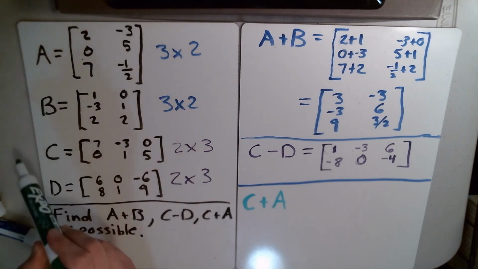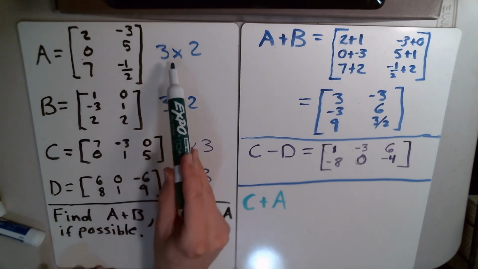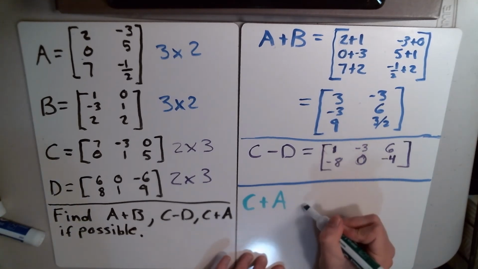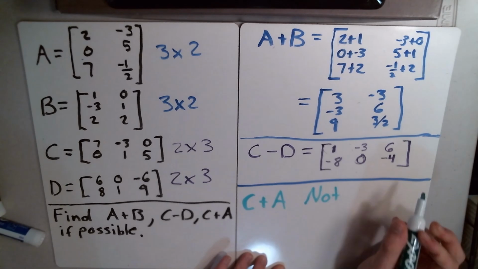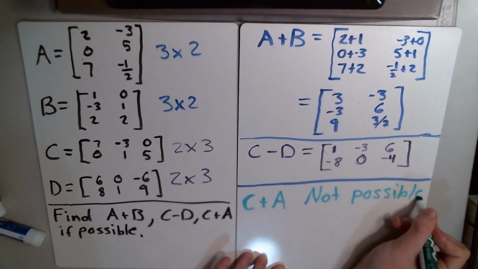We normally use capital letters for matrices, by the way. A plus C: well, A is a 3 by 2 matrix and C is a 2 by 3 matrix. Those are not the same size, so this one is not possible to do, or at least it's not defined.